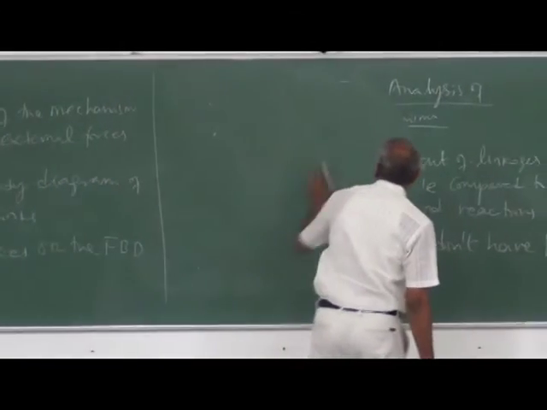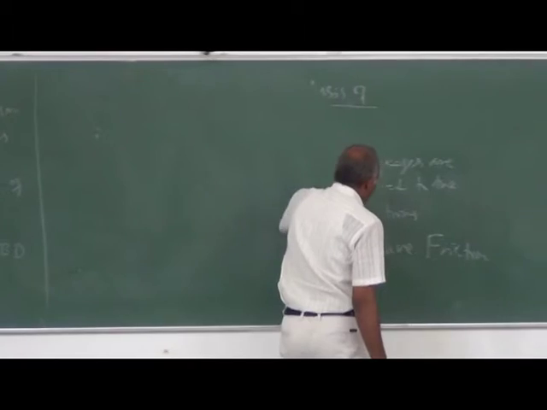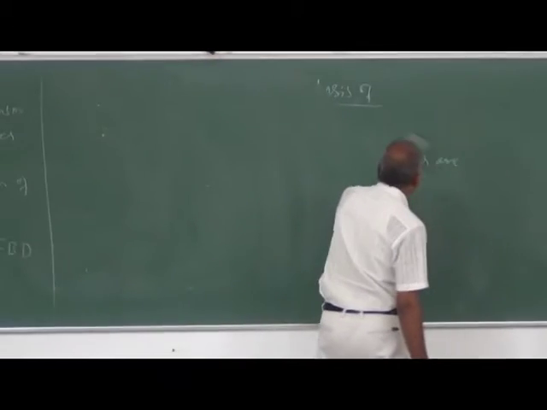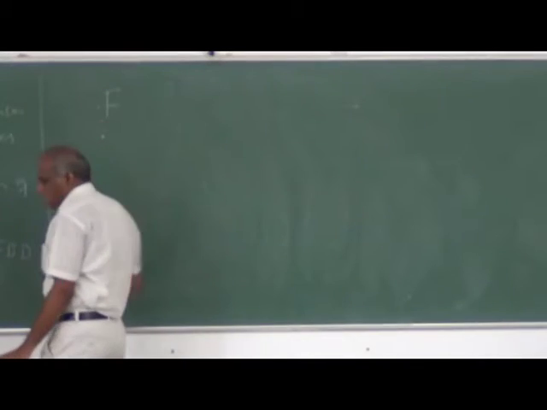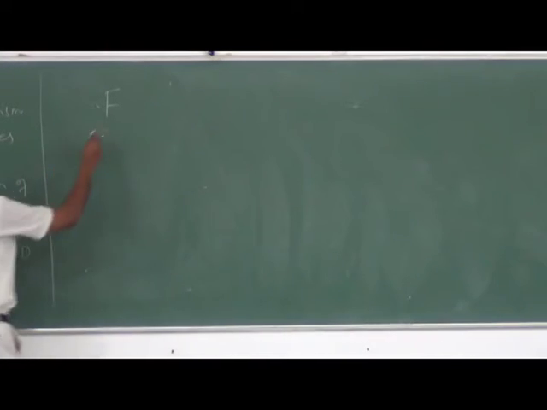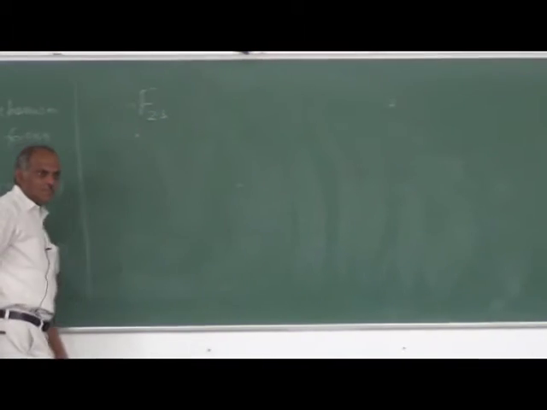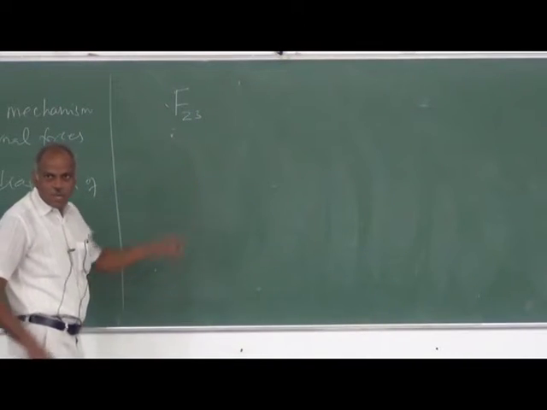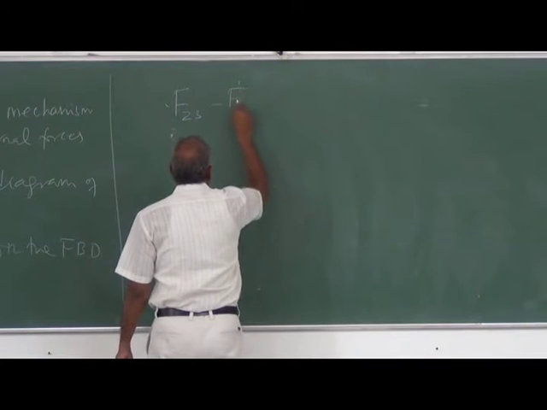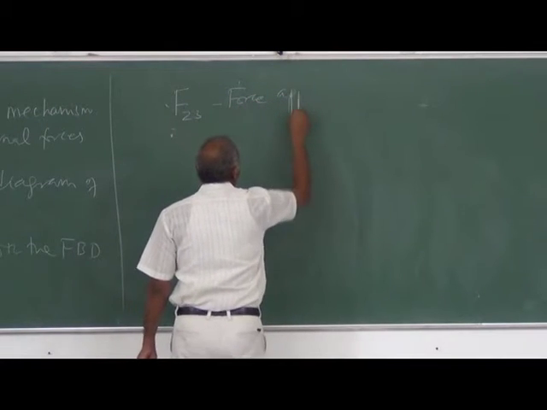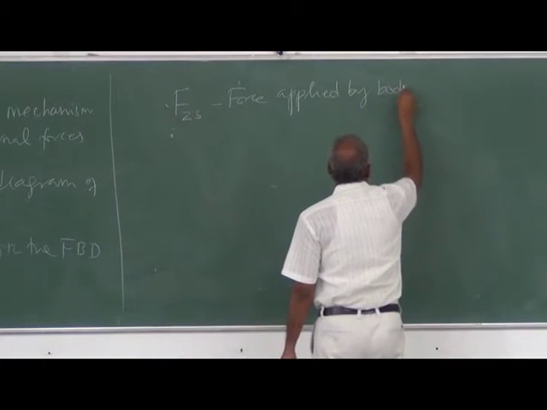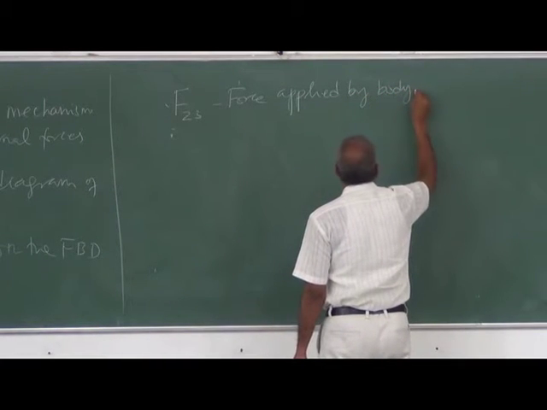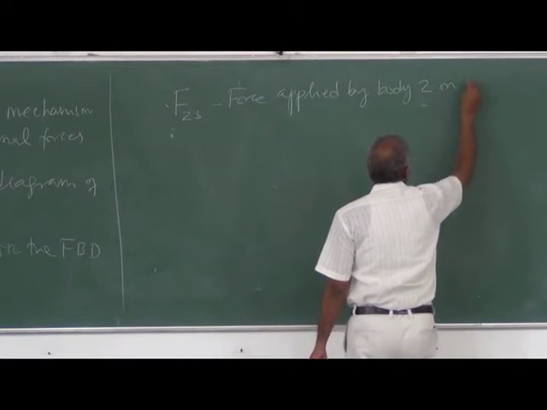What are the representation conventions that you have to follow? Here, the notation force F23. If I say F23, it is a force applied by body, or in this case link 2, on body 3.